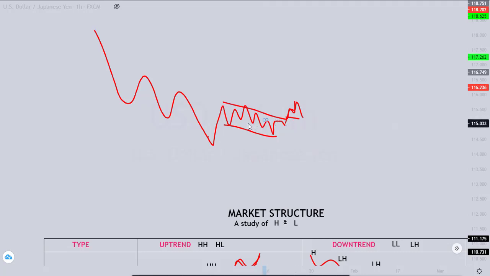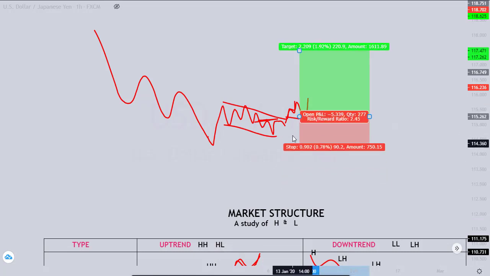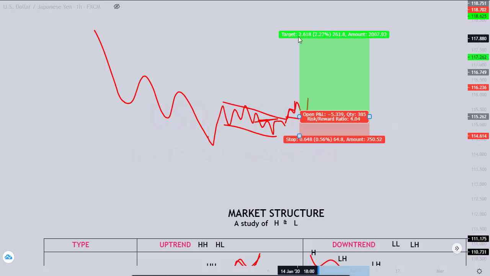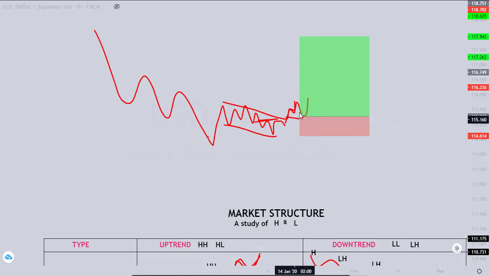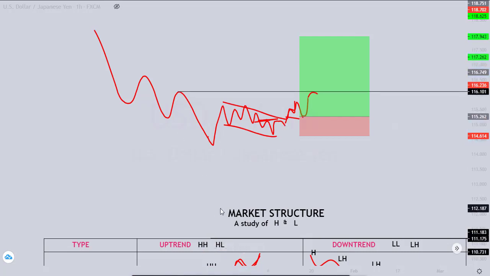This is your support level, your resistance level is broken right here, and then market breaks the level and goes higher, and you try to buy from there, and you do something like this because you believe this is a wedge, and then you know what happens. Market comes back to the level of interest within the trading range. This is your trading range. Have you seen? Market comes to your trading range, and then market goes down.